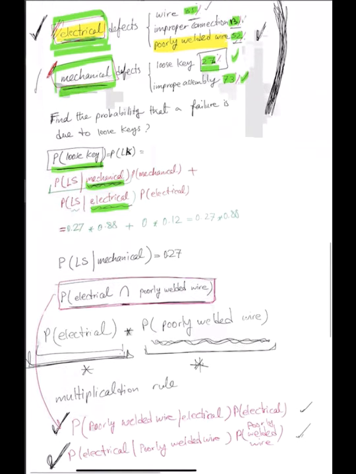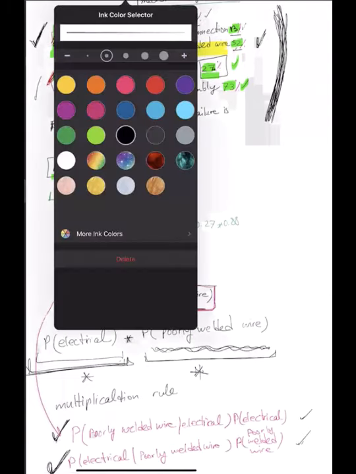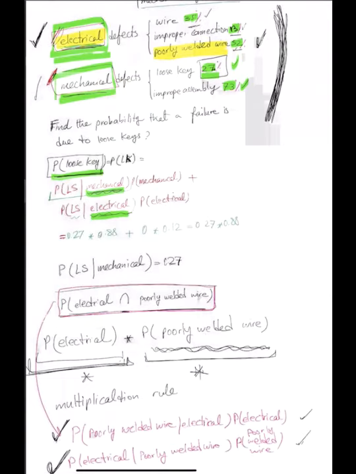I think the second one, because the poorly welded wire is like given information. But given what we have at the top, can you simply tell me the probability of being an electrical defect if I know it's poorly welded wire? Do we have anything like that? No. What I have on the top says if you tell me it's electrical, then I can tell you the probability of poorly welded wire, which is the first one.